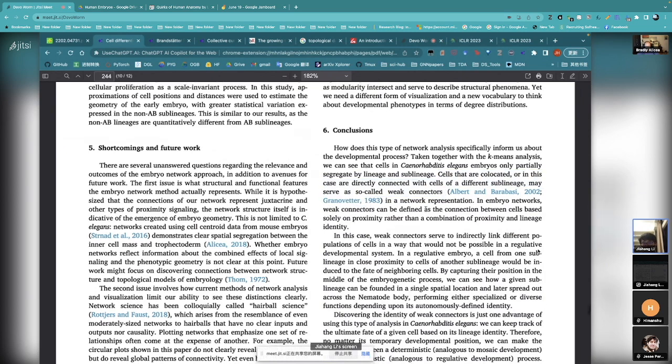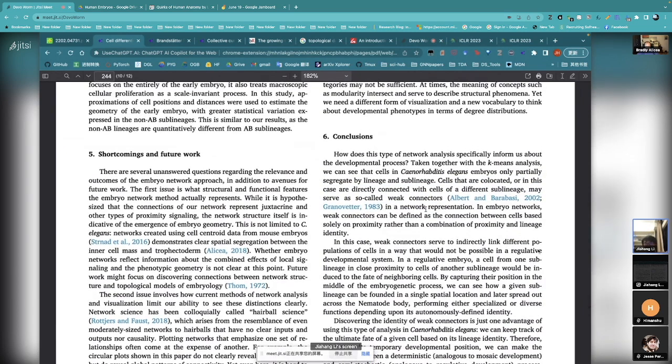in the network representation. So in my understanding, I'm not sure if I understand it correctly, that means in a certain sublineage, those cells will be connected to each other very closely. But the connections between cells across different sublineages are very sparse.